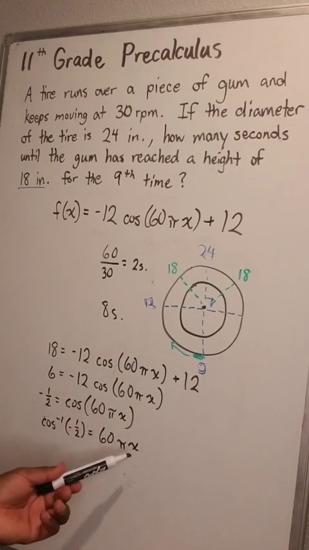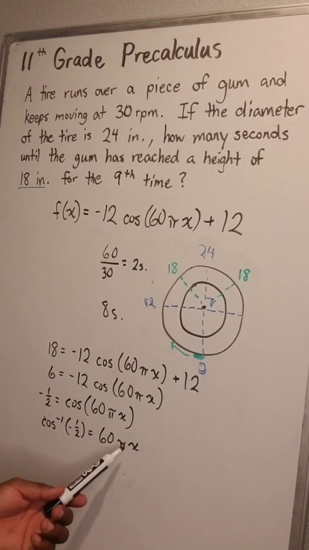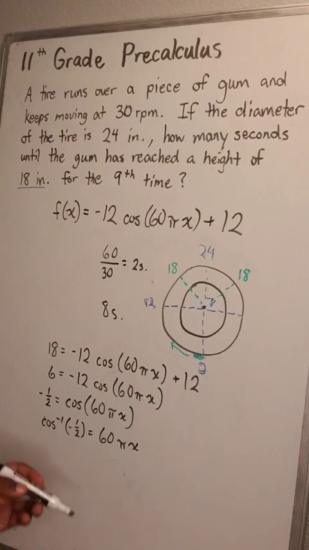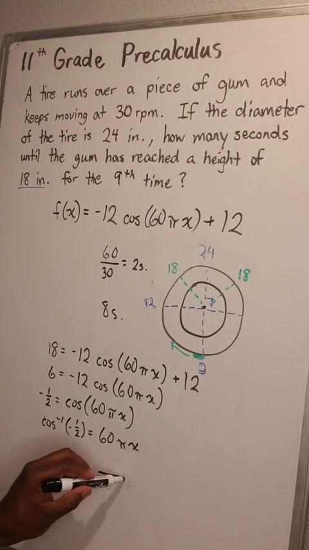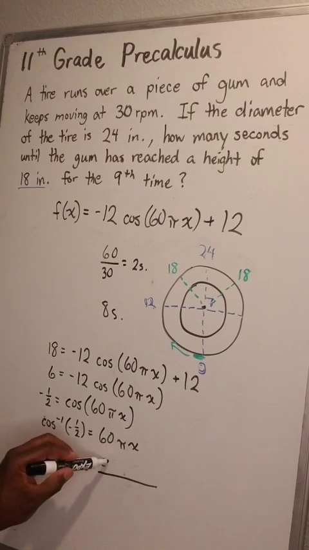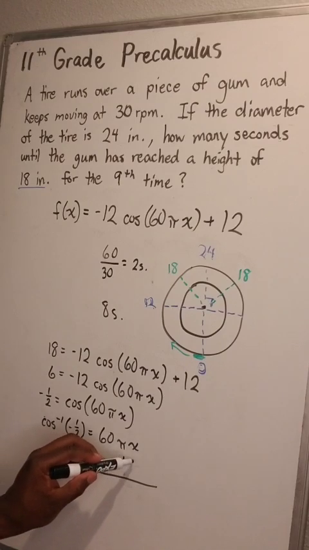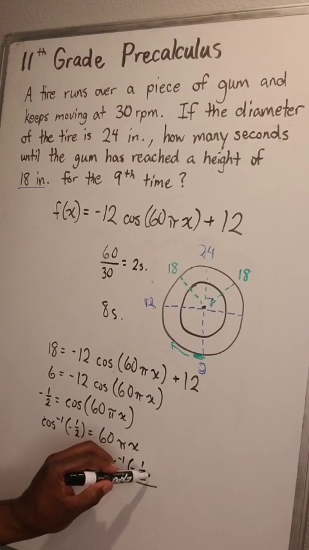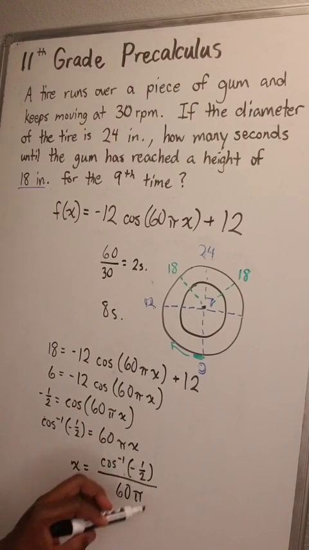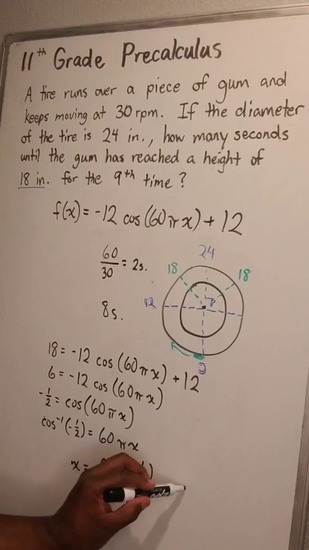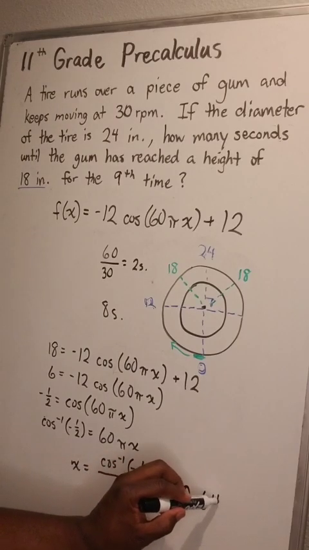And then to get x totally by itself, I can divide both sides by 60 pi. So this will end up looking like x is equal to, and then in the numerator, we're going to have the inverse cosine of negative 1/2 divided by 60 pi. And then that will end up being equal to 0.64.